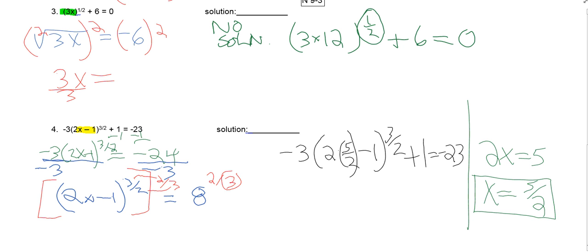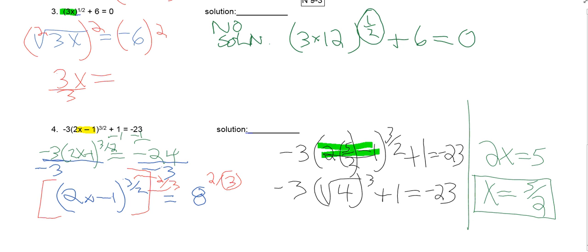So we have 5 minus 1 on the inside. This quantity right here, what did we say it was? 4, right? So we have 4 to the 3/2 power, so that's the square root of that, raised to the 3rd power, and then we got to multiply it by a negative 3 and add 1, and we're still seeing if it's equal to negative 23.